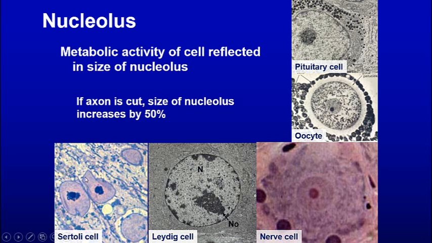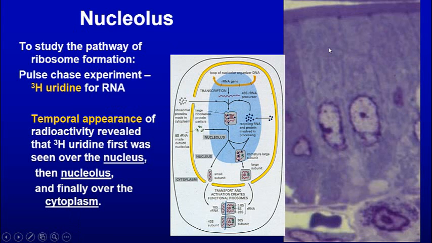Here we see a Sertoli cell, a euchromatic nucleus with a big nucleolus, and a big nucleolus here in a Leydig cell. Here it is in an egg, and here in a pituitary cell, a big nucleolus, indicating that it has the capability to make ribosomes on rough ER to make the granules. So here we see the nucleolus.